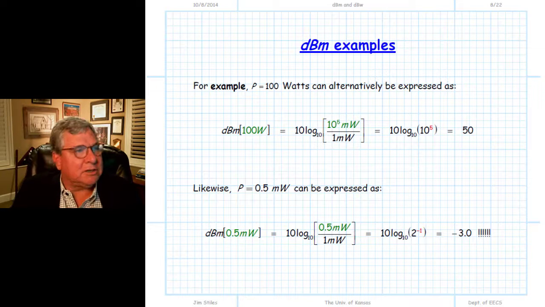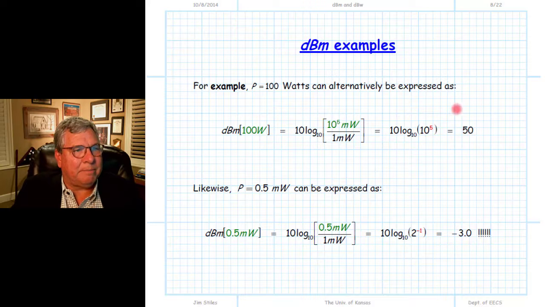A few examples then. Let's say we have a power of 100 watts and we want to express it with the dBm operator. Well, 100 watts is, of course, 100,000 milliwatts, 10 to the 5th milliwatts. So 10 to the 5th milliwatts divided by 1 milliwatt, the milliwatt cancels out and we get a value of 10 to the 5. Pull the 5 out front, 10 log 10 of 10, of course, is equal to 10.